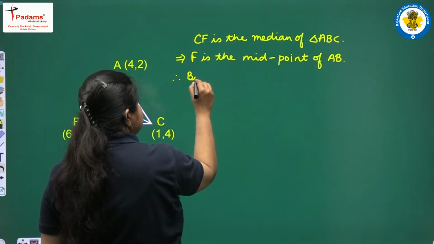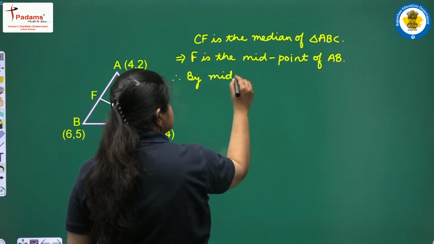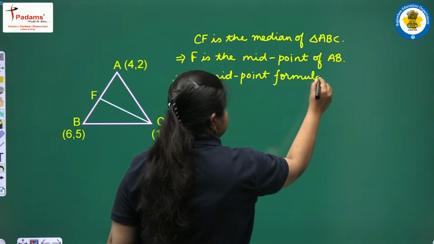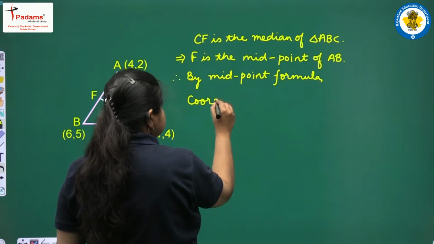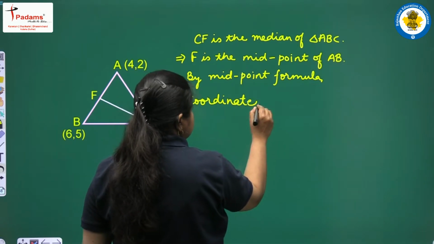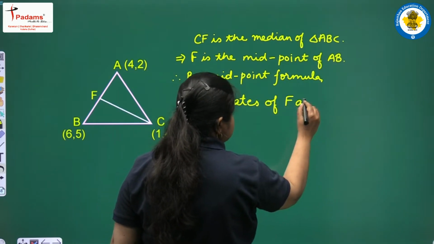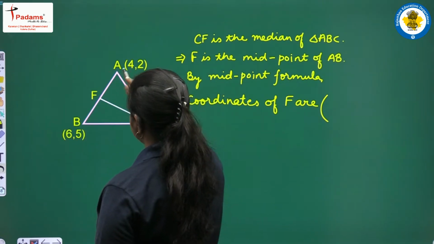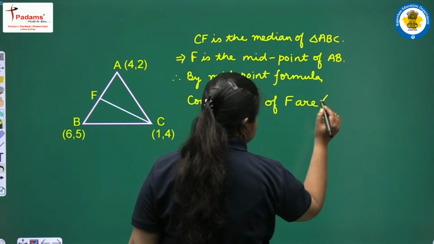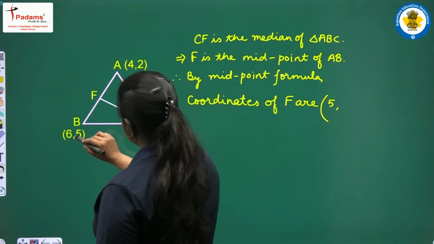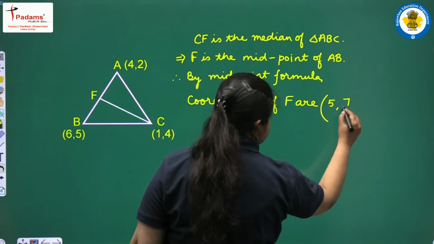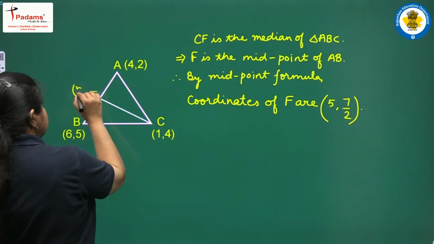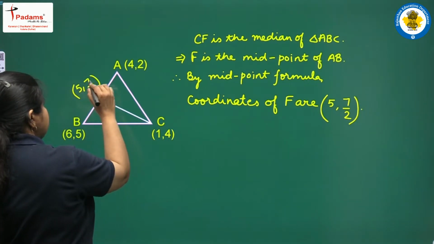Therefore, by midpoint formula, coordinates of F. बताइए कैसे मिलेगा. दोनों तरफ के आप x कोऑर्डिनेट्स को एडअप कीजिए. 6 + 4 10 एंड देन डिवाइड बाय 2. 10/2 इट्स 5 एंड देन 5 + 2 7/2. सो वी हैव द कोऑर्डिनेट्स ऑफ F एज 5 एंड 7/2. ये हो गए F के कोऑर्डिनेट्स.